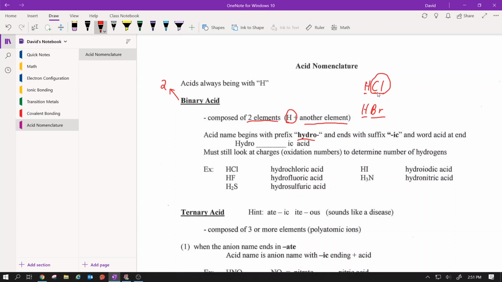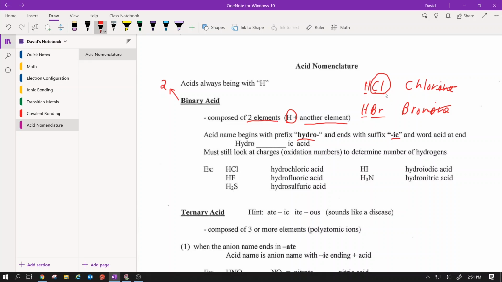Since this is chlorine, we would say chloro, and bromine would be bromo. We'll take off the INE, and add IC, and the word acid.